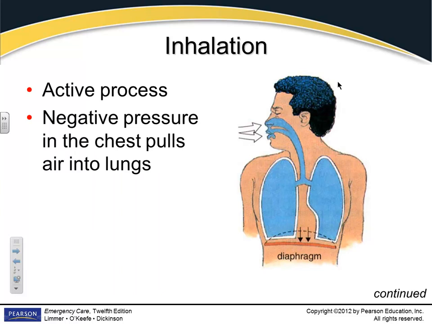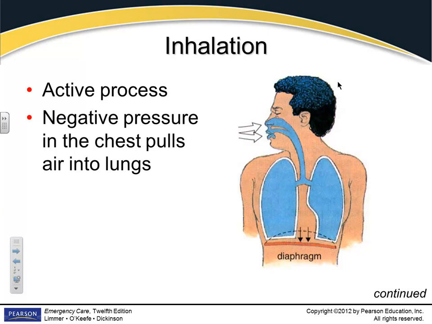Inhalation is an active process, right? Because what's actively happening? Yeah, but why? I mean, could you just open your mouth and air zoom in? Your muscles contract. Your diaphragm, what does your diaphragm do? When the diaphragm is helping you inhale, does it look like this? Flat. Yeah, it's flat. That's right. It's working.